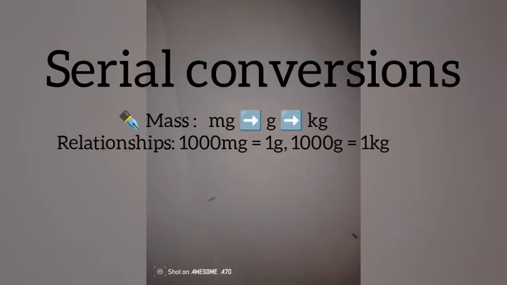Serial conversion is the conversion that requires conversion through an intermediate unit before the target unit. That is serial conversion. Now this time we are taking mass from milligrams to gram to kilogram. Look at the relationship. 1000 milligrams equals 1 gram. 1000 gram equals 1 kilogram.